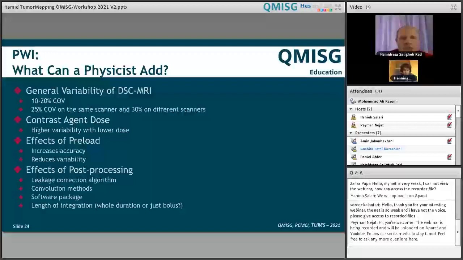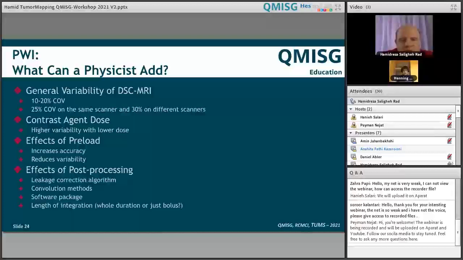But again, what a physicist can add to this: here I need to divide the role of a physicist into two steps. The first step is to have the right acquisition. This acquisition is improving greatly these days in terms of pulse sequences and better hardware offered by the vendors.